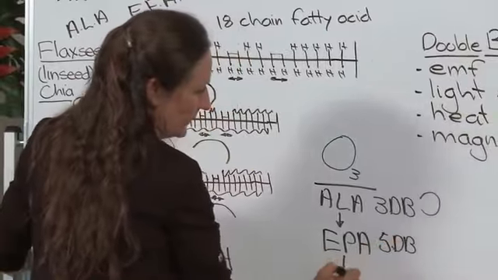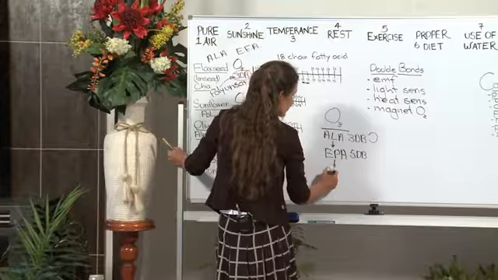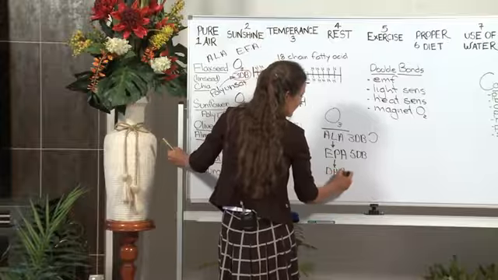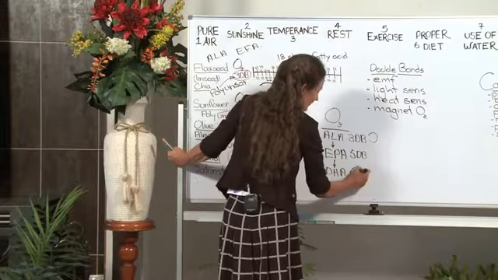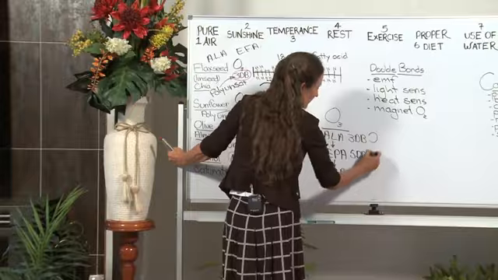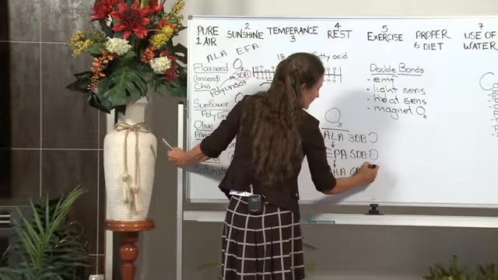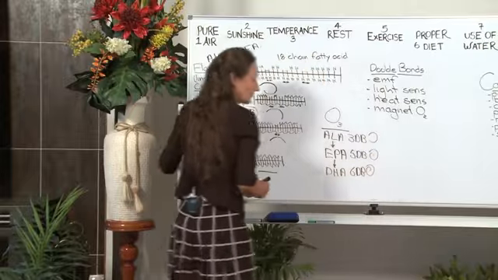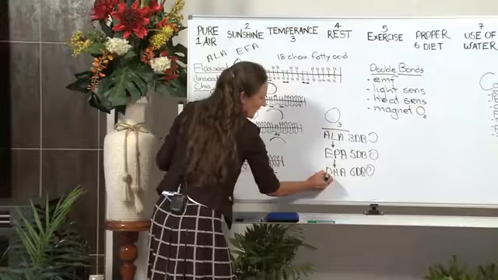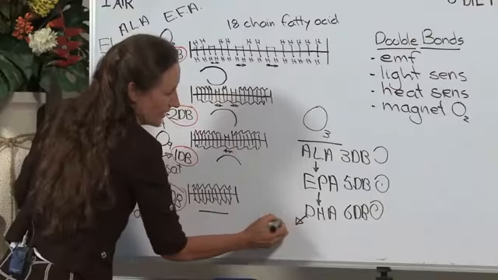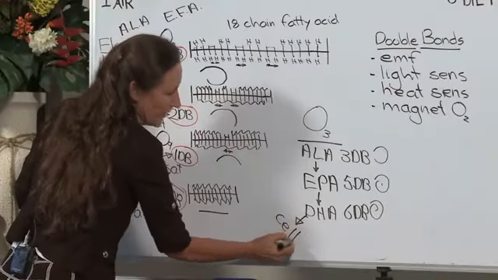In the body, EPA is broken down to DHA. And DHA has 6 double bonds. So you can see how fluid these other oils are, incredibly fluid. And the body loves using DHA for cell membrane function and repair.